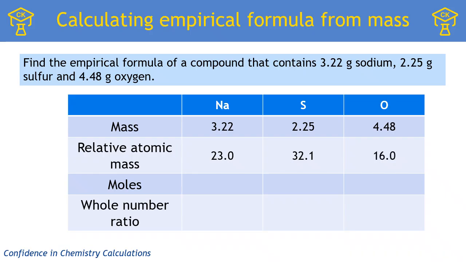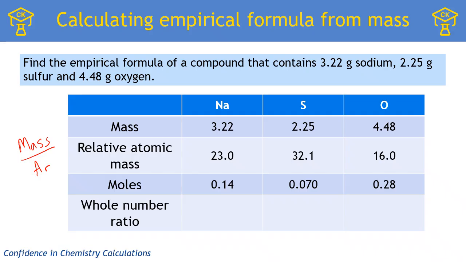Using an A-level periodic table here won't make a big difference to my empirical formulae, those little decimal places. And I'm going to do for each element mass divided by relative atomic mass. And that gives me my number of moles. So my absolute number of moles is 0.14 moles of sodium in the sample, 0.07 of sulfur, and 0.28 of oxygen. I then want to get that in a whole number ratio, so I don't want to be having decimal places and things like that in a formula.